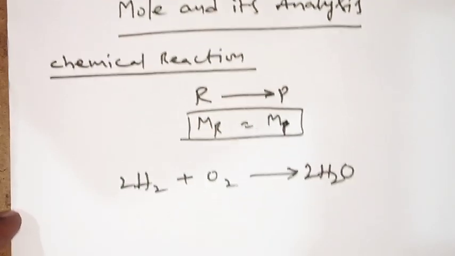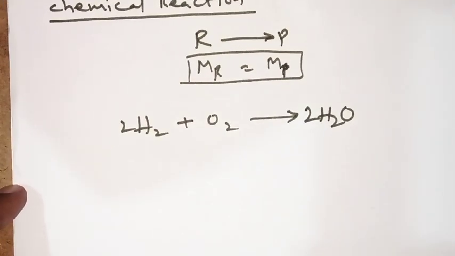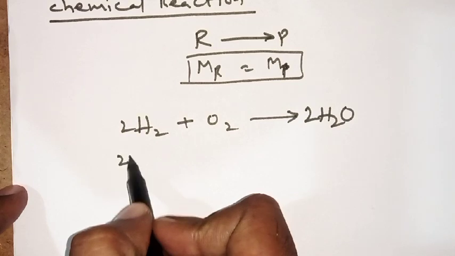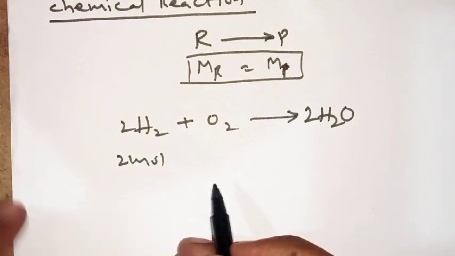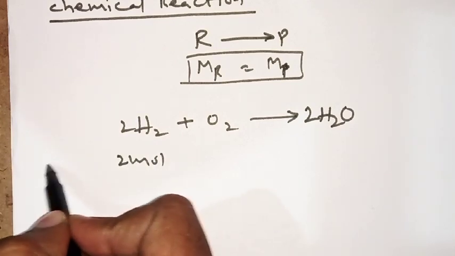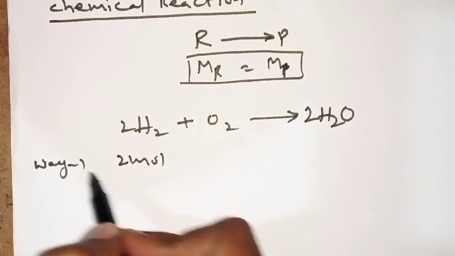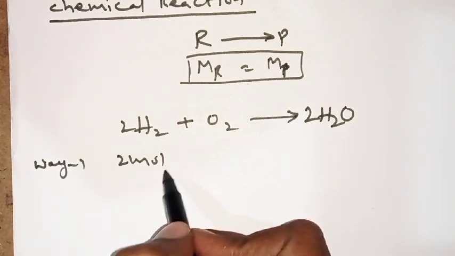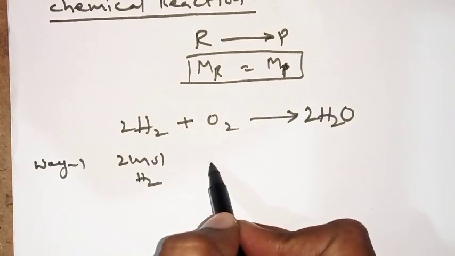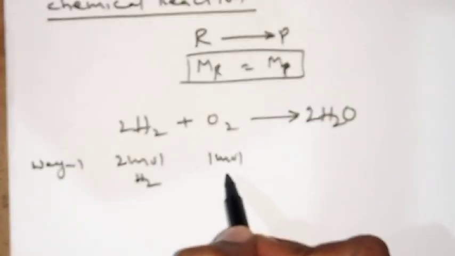Two hydrogen means 2 moles, and we can express it in 4 ways. Way 1: 2 moles of hydrogen reacts with 1 mole of oxygen.